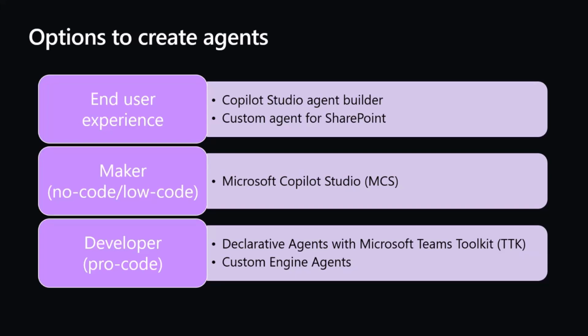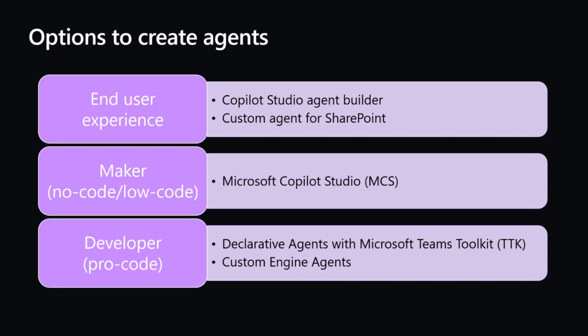So we don't need to be a developer, we don't even need to be a maker, we just use the web interface of the out-of-the-box services, and we create our own agent, which we can eventually then share with our colleagues in the company where we are.